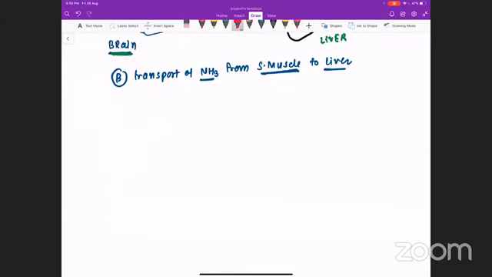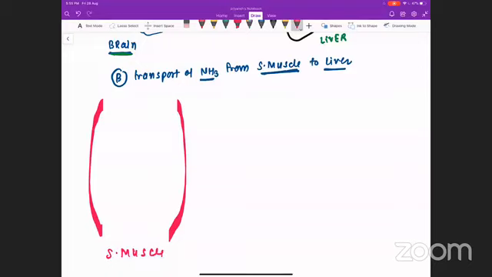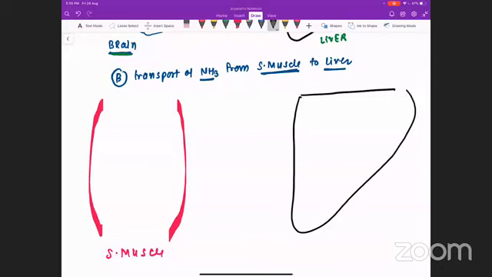Let's say, for example, this is your skeletal muscle. From skeletal muscle, we need to transport the ammonia all the way to the liver. This is the amount of ammonia that is generated in the skeletal muscle.